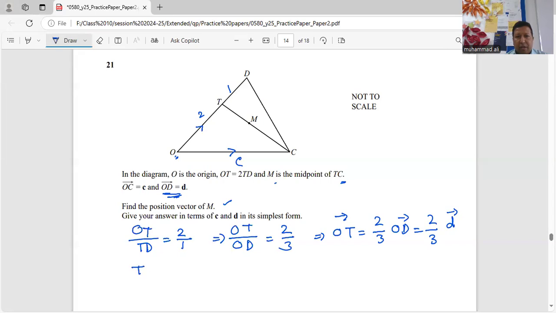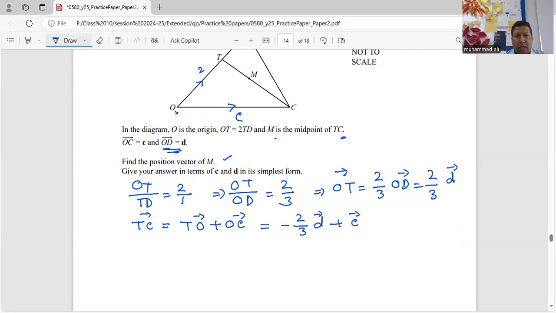Now TC vector equals TO vector plus OC vector. TO means negative OT, so it will be minus 2 by 3 D vector, and OC means C vector. Now, what we want is the position vector of M. So OM vector equals OT vector plus TM vector.